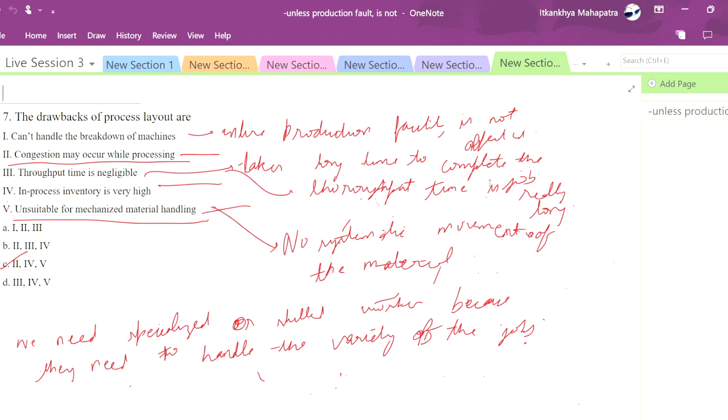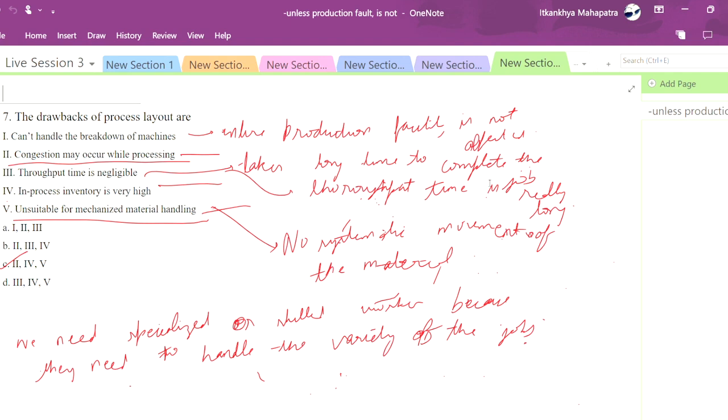Throughput time being negligible is a product layout feature. Here the drawbacks are that congestion may occur while processing, in-process inventory is very high, and it is unsuitable for mechanized material handling.